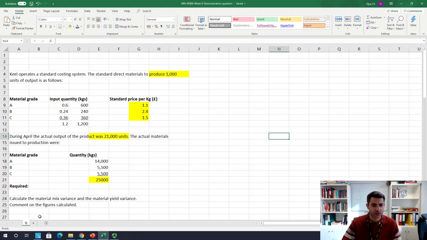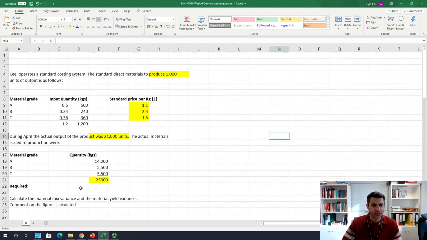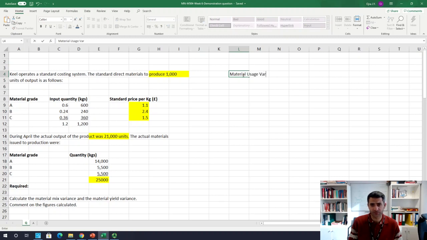I haven't done it yet. Okay, let's do the material usage variance.